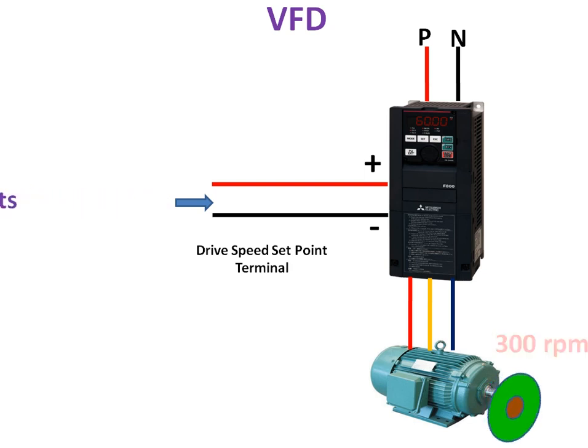If I apply 2 volt, the machine speed will be 300 rpm. For 3 volt, the speed will be 450 rpm. For 5 volt, the speed will be 750 rpm. If I apply 10 volt, the speed of the machine is 1500 rpm. The machine is running at no load speed, that is 1500 rpm.